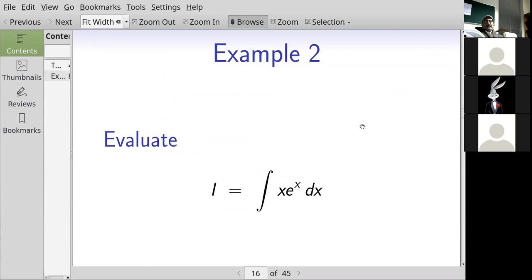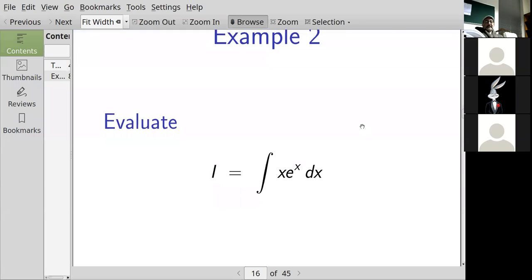Okay? So next example. I is equal to the integral of x e to the x dx. What will be your choice for u? X. You let u equal x, then du will be something easy. Du will just be dx, 1 times dx, right?